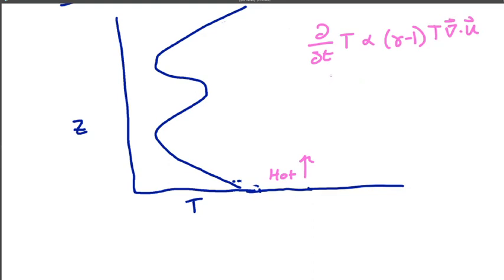Okay, well, what about this divergence of u? Well, we know from the continuity equation for density that d/dt of the log density plus u dot grad of the log density is minus the divergence of u.